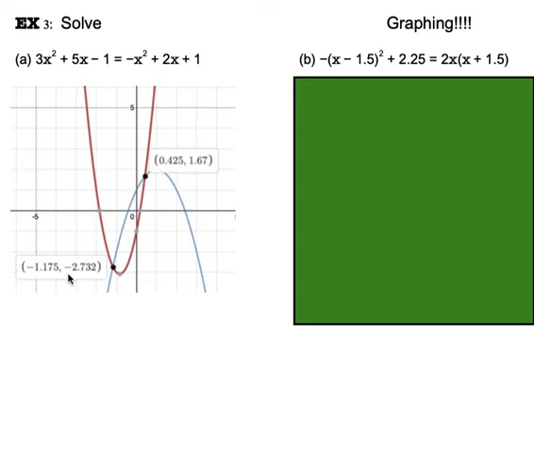Now here's the catch. When you look at these two points of intersection, I just clicked on Desmos at those points. If the original equation does not have a y in it, you do not list them as an ordered pair. So the answers to this problem would be approximately x equals 0.425 and x equals negative 1.175.